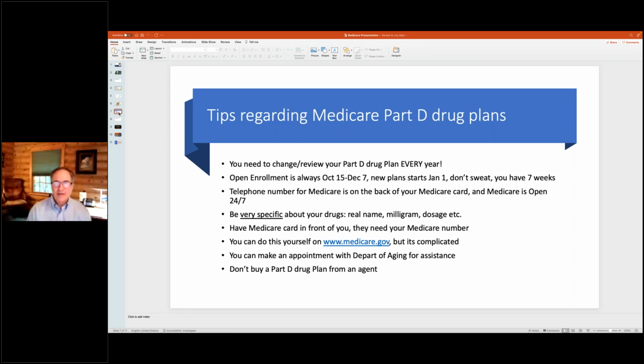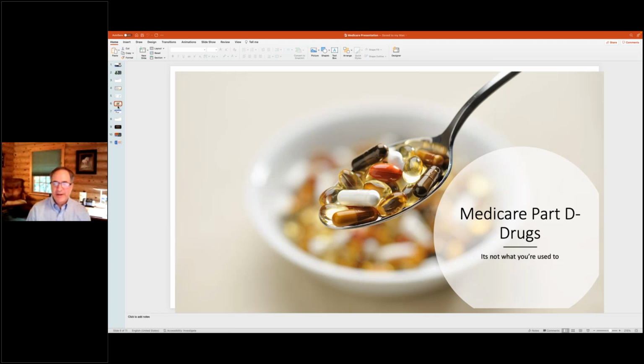If you have a tier 1 or a tier 2 medication, you are not subject to any deductible, even though your plan may have a $480 deductible, which is what's allowed by Medicare right now. Most of the plans have a $480 deductible. If you're taking something like lisinopril, which is like a tier 1 medication, it doesn't matter because you won't have to deal with that deductible. On the other hand, if you're taking a medication like Eliquis, a brand name product, which is like a tier 3 or 4, then you have to defeat the deductible first.